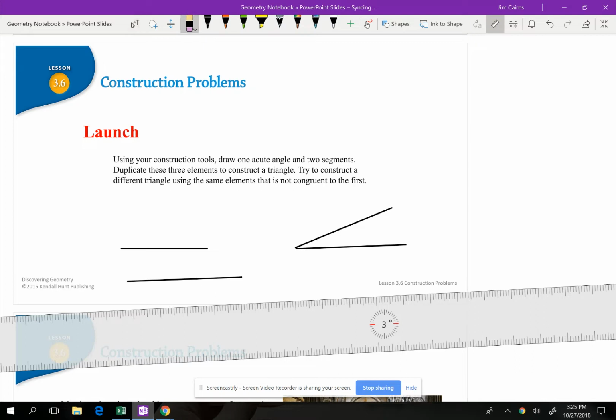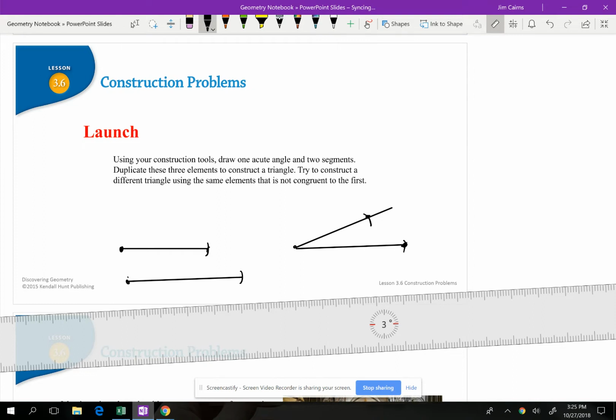One of the simplest ways to do it would just be to swing an arc from here to here, and then keep the compass setting the same and swing the same arc right there. And then have an arc from here to here, come over here, swing an arc.